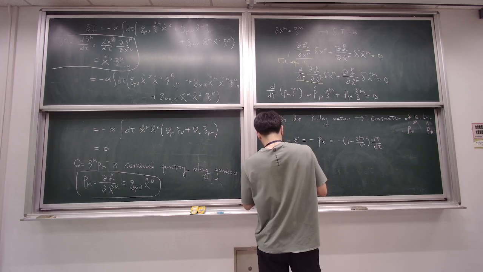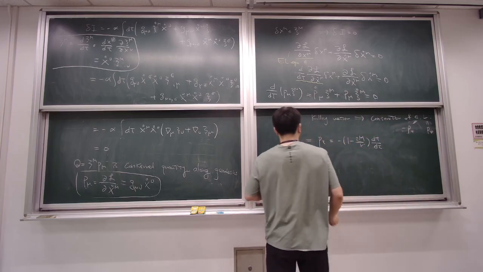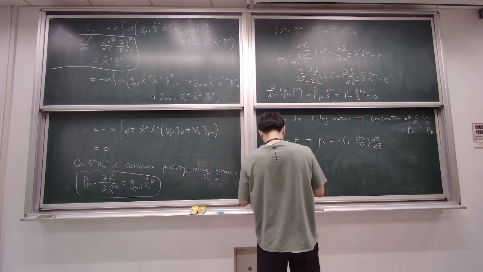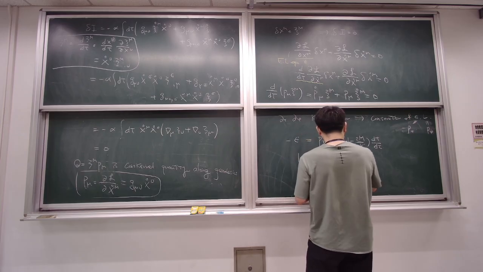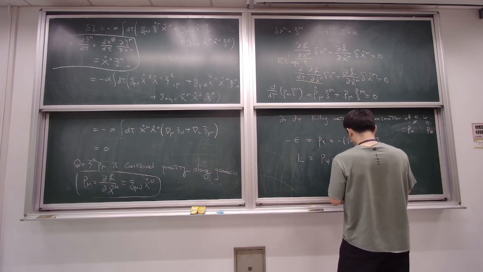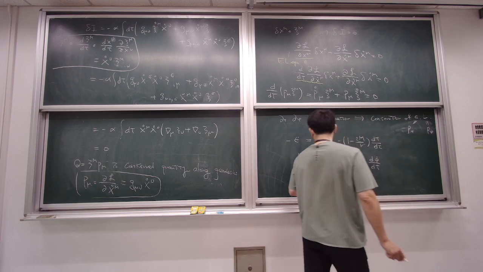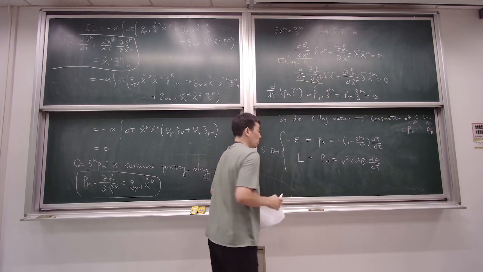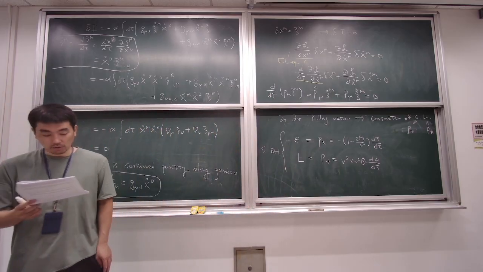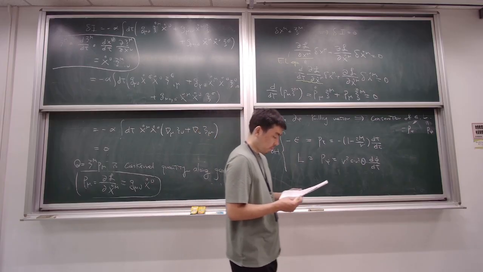Sorry, p t is minus epsilon. And L in the case of Schwarzschild is just p phi, which is r squared sine squared theta d phi d tau. So these are the conserved quantities along the geodesic, and we use this one many times.